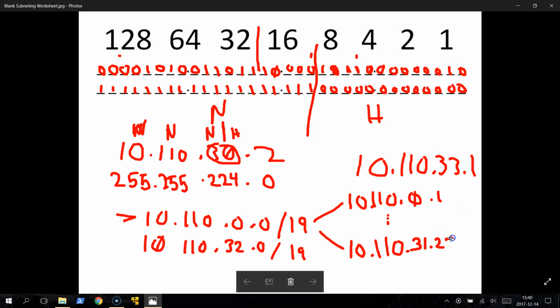So I have to go back 1 more for my legitimate IP addresses. That'd be 254. All right, so everything between 10.110.0.1 to 10.110.31.254 are all legitimate IP addresses on this network that we have right here. The broadcast would be 255, 31.